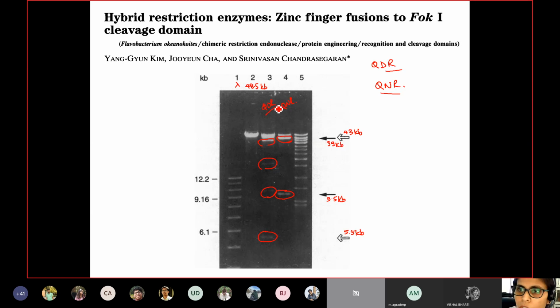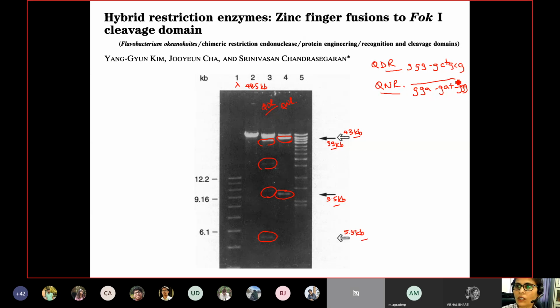When you use QDR nuclease, it is able to cut at around 5.5 kb predominantly and around 43 kb, whereas QNR is able to cut at two prominent positions, one at 9.5 kb and another at 39 kb. They also had prominent recognition sequences, for example GCG, GGA, GAT and GGG.